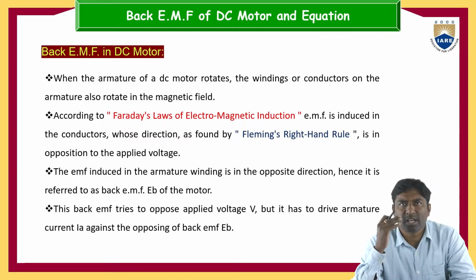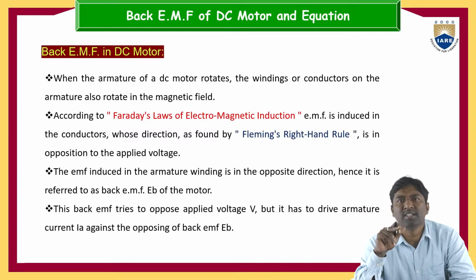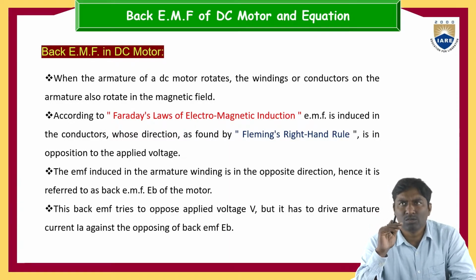That is in opposition to the applied voltage. According to Lenz's law, E is equal to minus N into d phi by dt. So the EMF induced in the armature winding is in the opposite direction, hence it is referred to as the back EMF of a DC motor.